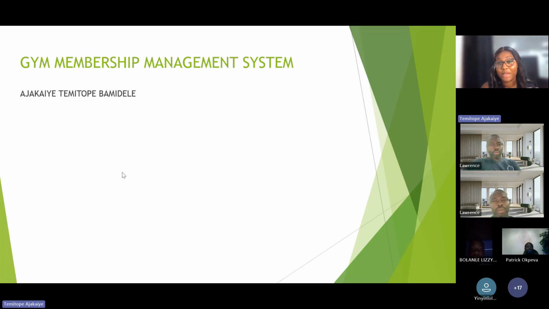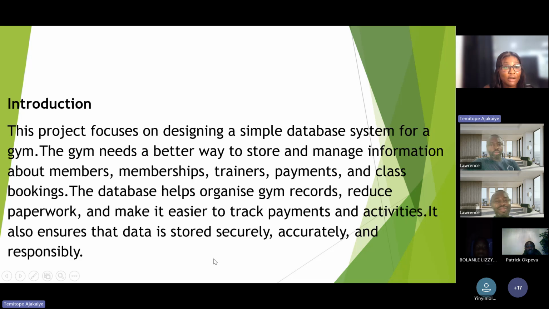Good evening, everyone. My name is Temitope Bamidele, and this project is about creating a database to help a gym house manage its daily operations instead of using just paper and spreadsheets.